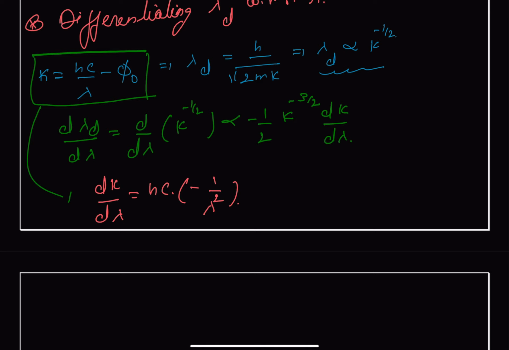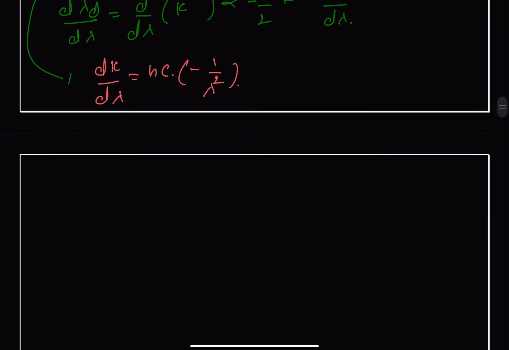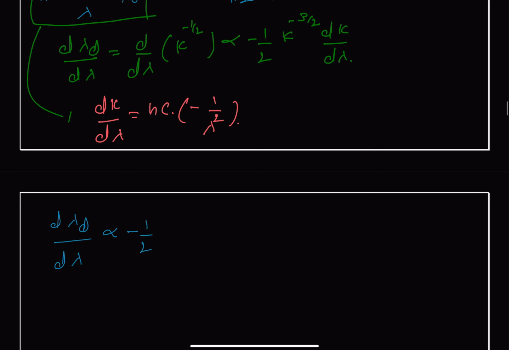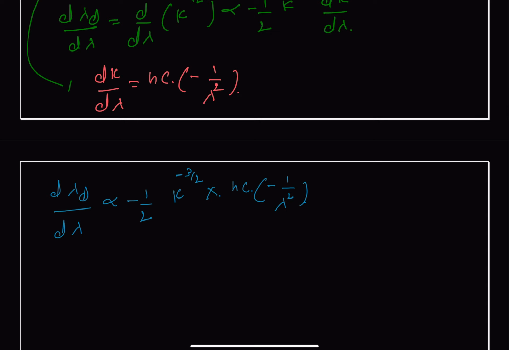So we substitute, and d lambda d with respect to lambda is proportional to minus 1 by 2 K to the minus 3 by 2 multiplied by hc times minus 1 upon lambda square, and this can be further simplified as minus minus becomes plus.